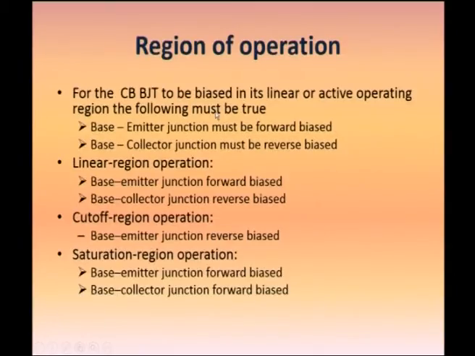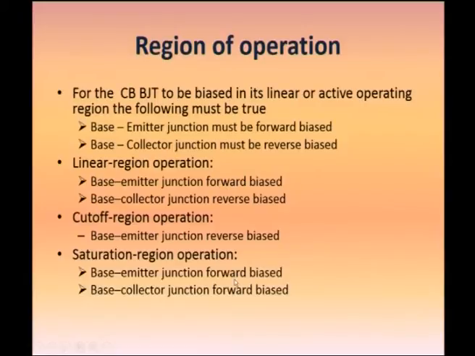So, we have seen the regions of operation in the previous sessions: in the linear region, the base emitter junction is forward biased and the base collector junction is reverse biased. That is, whatever the configuration may be, the input junction must be forward biased and the output junction must be reverse biased. For the cutoff region, the input junction must be reverse biased. For the saturation region, both the junctions are forward biased.